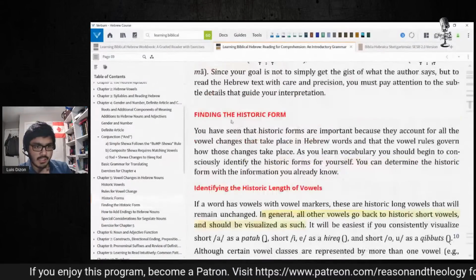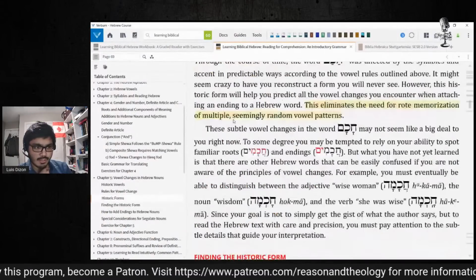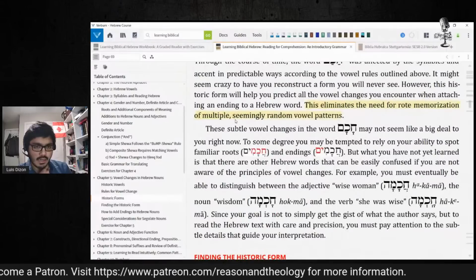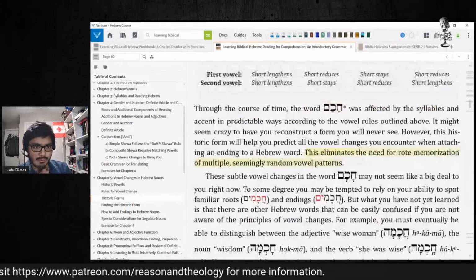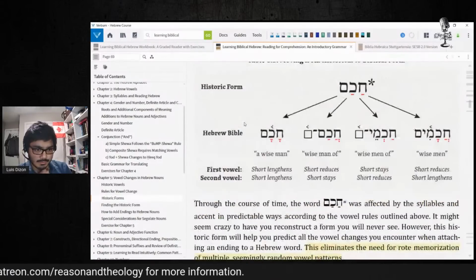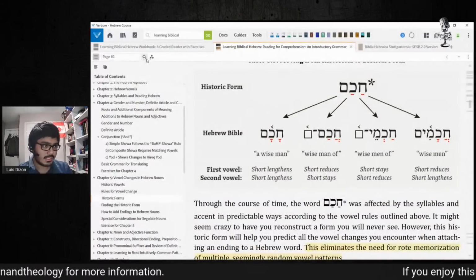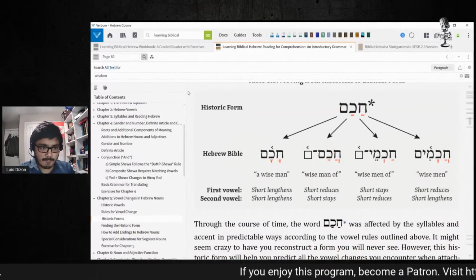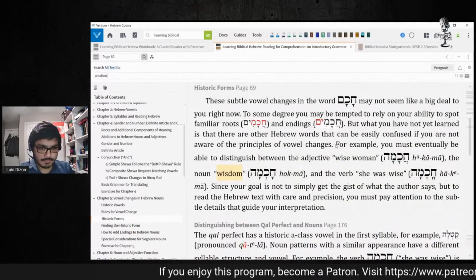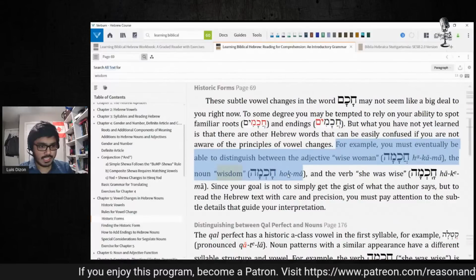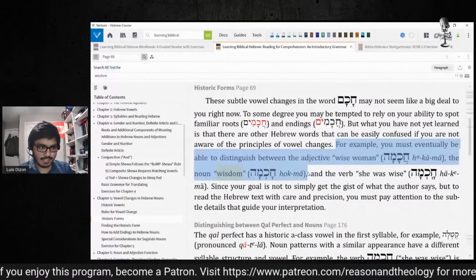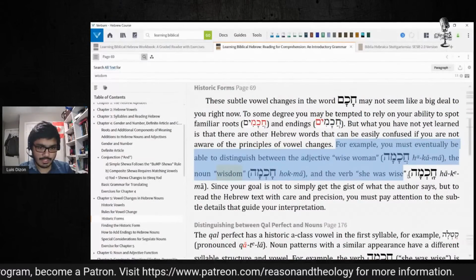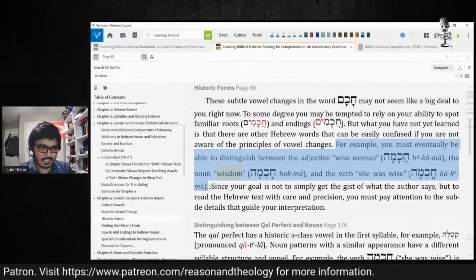It's the difference between chokhmah, which is the word for wisdom, and chachama, which is the word for wise woman. You must eventually be able to distinguish between the adjective wise woman and the noun wisdom, and the verb she was wise.